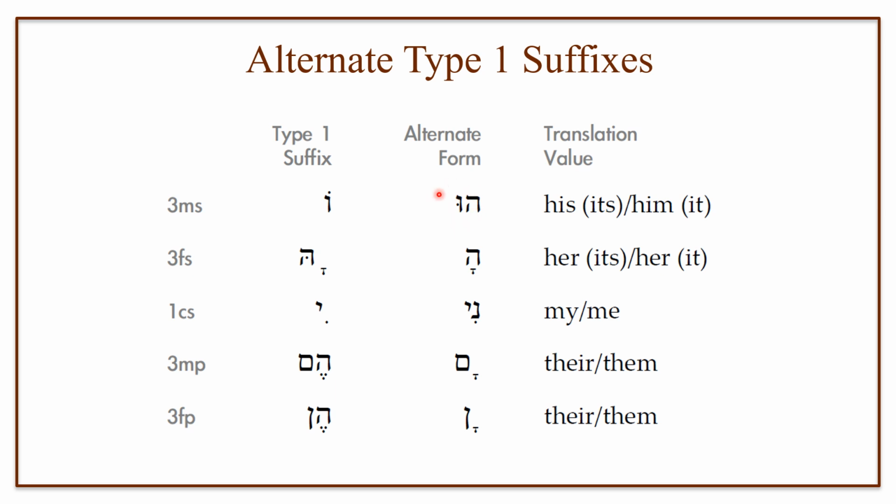It's a vav vowel. This is a holam vav too, so they're both vowels. Here you have hey and qamets. They're just rearranged a little bit. You still have a hireq yod, but this one has a nun in it, which makes it sound like ni. Here you have hem. So these are very common substitutes for the full type 1 suffix. So be aware of these alternate forms.